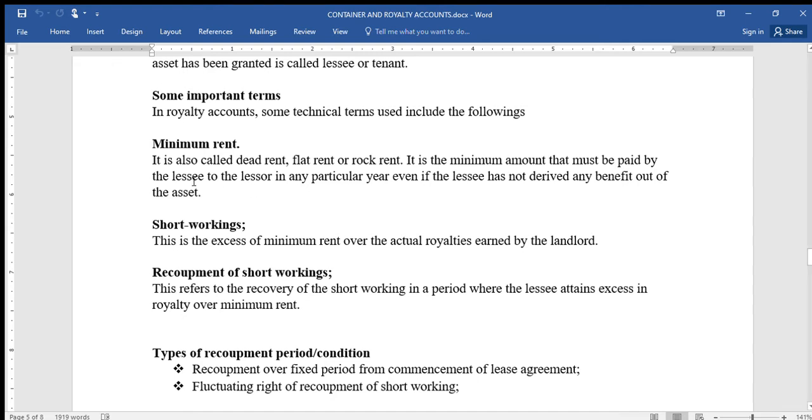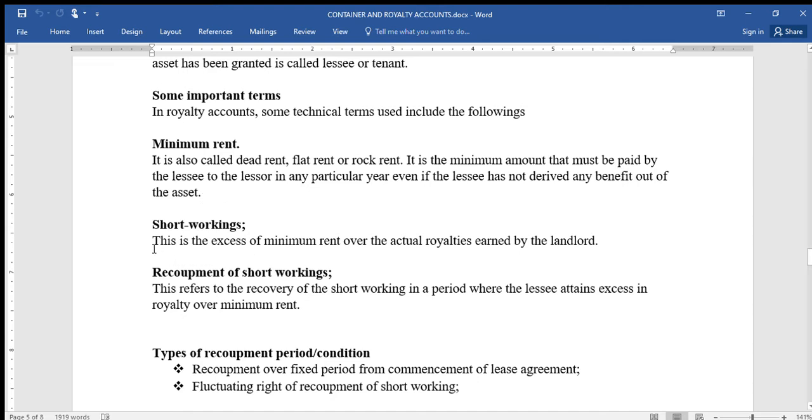So here the landlord sets a particular amount, like every year I'm not supposed to receive any amount that is below 1 million. So even though you do not derive benefit out of the asset, you're at least supposed to pay him 1 million. And that's what we call minimum rent.